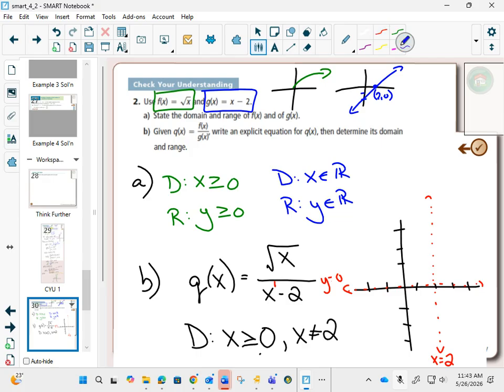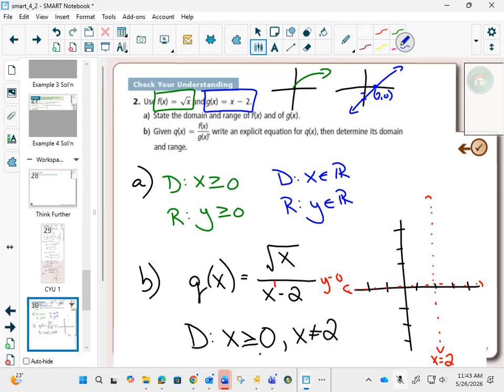Question? When you're making your asymptotes, do you say y can't equal 0? When you write the equation of the asymptote, it's the equation of a line, so it has an equal sign. When we talk about non-permissible values and domains, we write can't equal. But this line's equation is x equals 2.